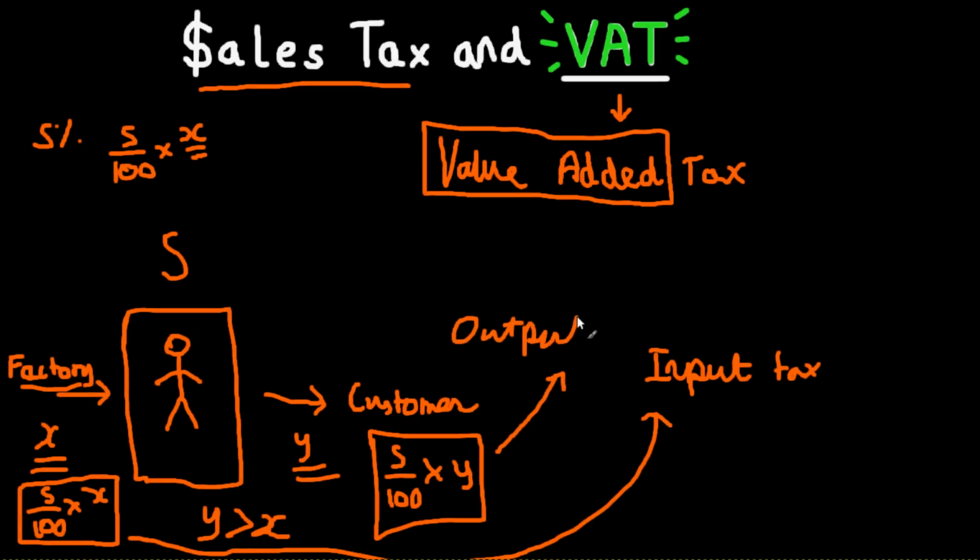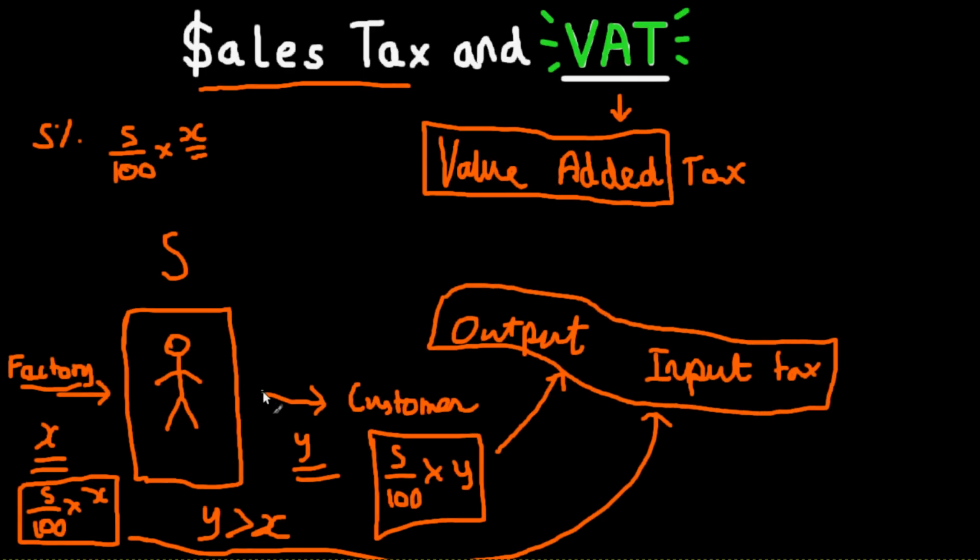Now, the only formula in this chapter, a very basic formula, is this: the tax paid to the government by the shopkeeper is his output tax minus his input tax. That's it.